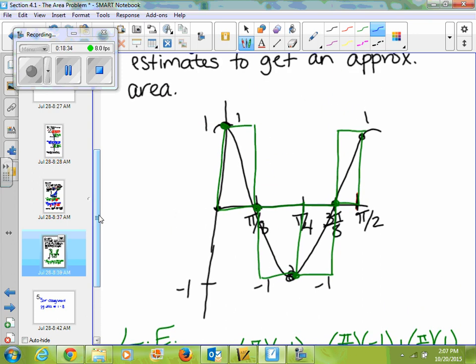Okay, I do the same thing then for my upper estimates. I'll start with my furthest left point, and I'm going to draw rectangles to match that area.